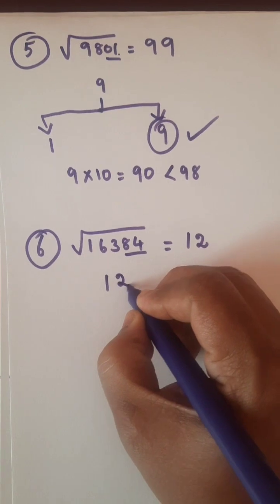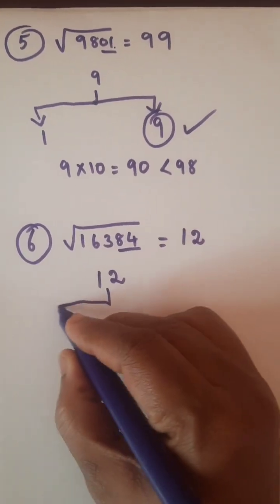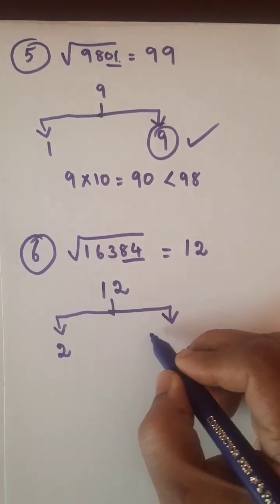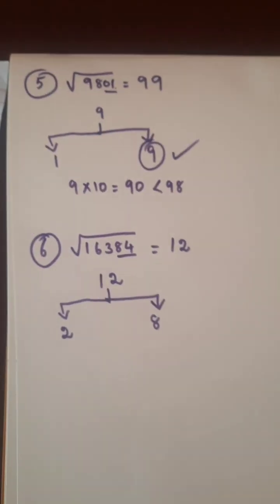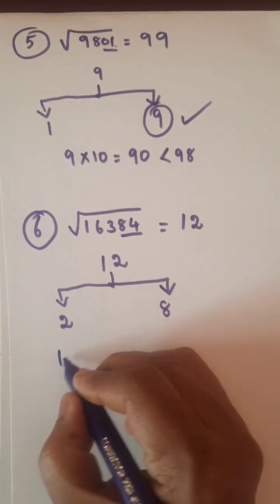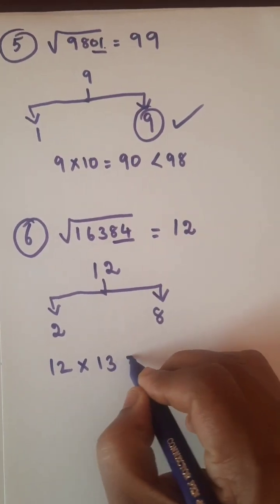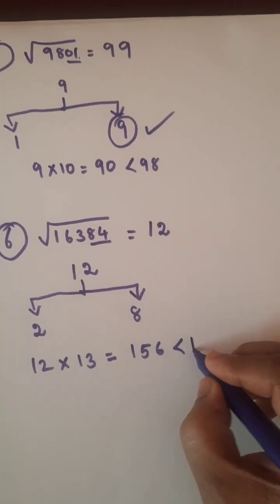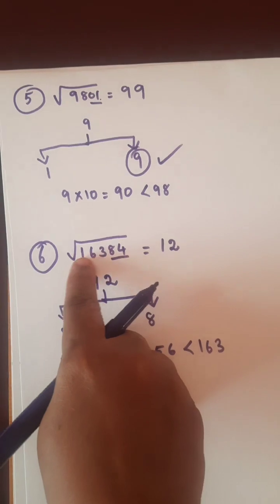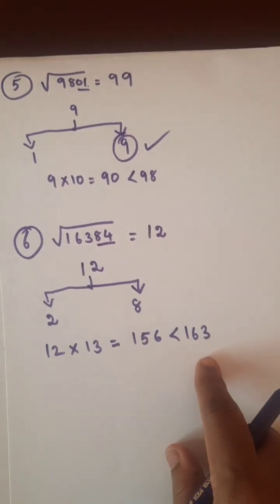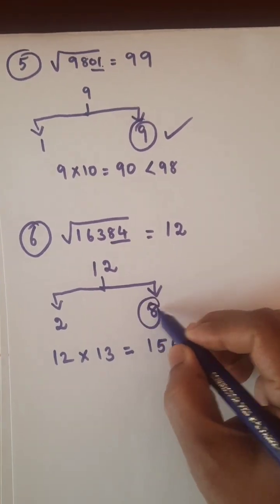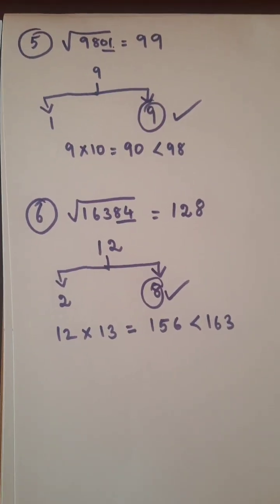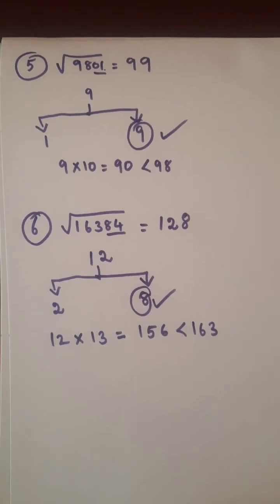Now 12 is fixed and the last digit is 4, so it could be either 2 or 8. To find out which, 12 into the next number 13 is 156. 156 is lesser than 163, since we have taken 3 digits. So we go for the higher number, 8. So root of 16384 is 128.